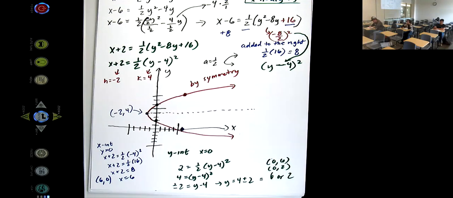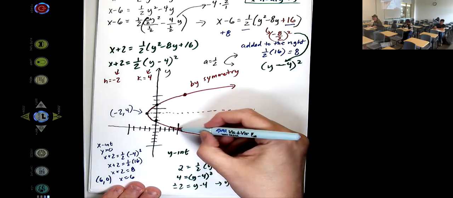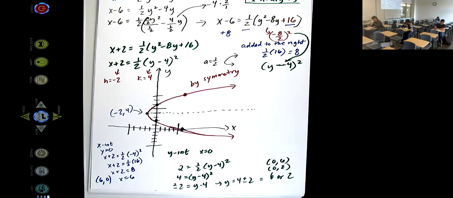Well, assuming I lined up that bottom a little bit better. I kind of missed the dot. Correct. There we go.